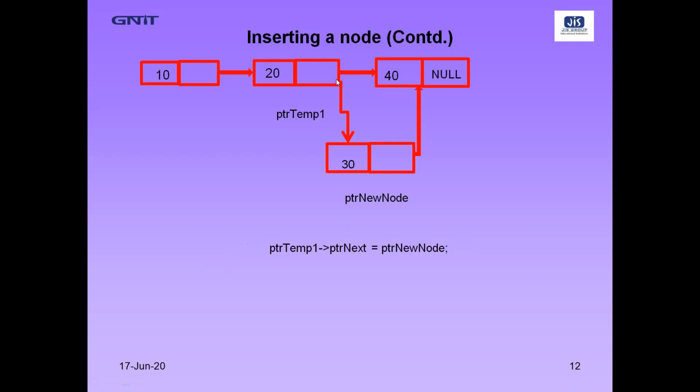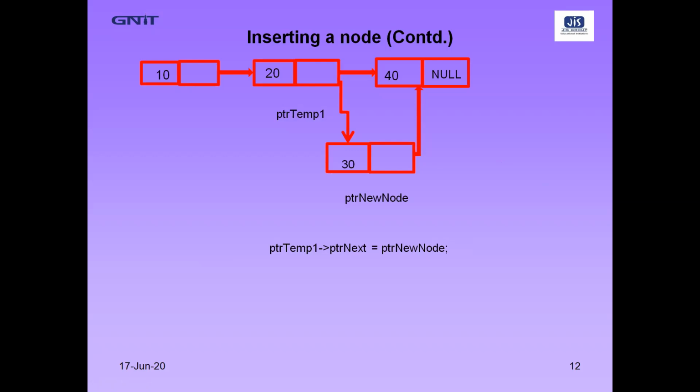So ptr temp1 link field right now points to this part. Okay, so in other words, this ptr new node next pointer points to this node, whereas the second node, which contains the data item of 20, and that node is ptr temp1, this link part points to ptr new node.